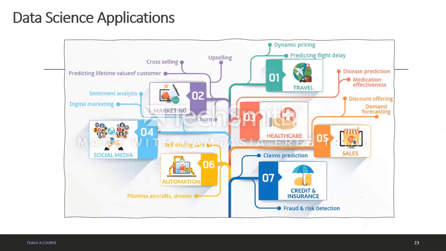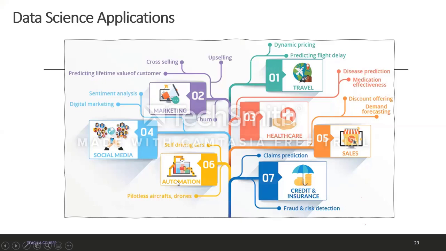And this is the second set of applications I have put, just for clear understanding. Again, nothing major changes, very similar to that. Let's say here the marketing: churn, upselling, cross-selling, and predicting lifetime value of the customer. Social media: sentiment analysis and digital marketing.